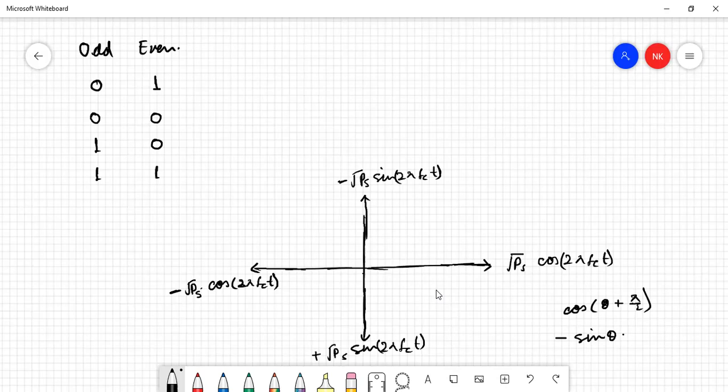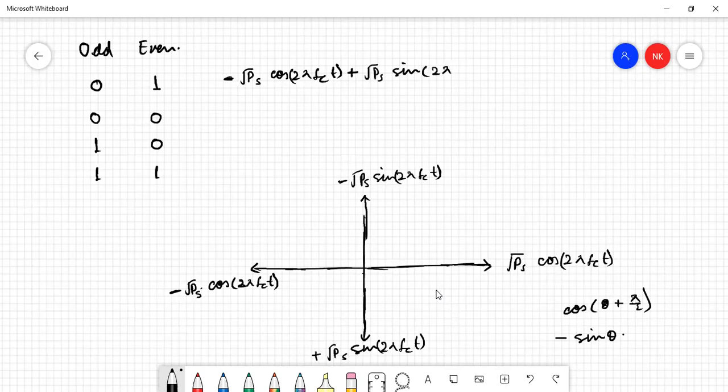Okay, so for this we will get minus root under Ps, because when zero comes, for that case we will have a minus 1. Okay, so root under Ps cos 2 pi fct, and here is a 1, so for 1 it is plus 1. Okay, 0 1, so there will be a plus 1, and plus 1 will correspond to the even part, which corresponds to the sine term. Okay, so root under Ps sine 2 pi fct.